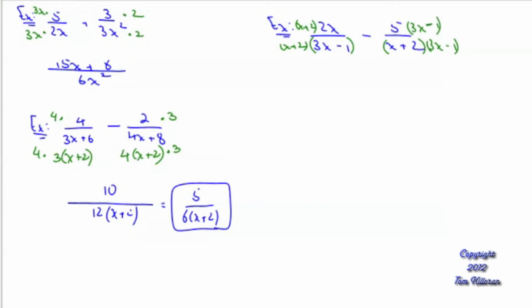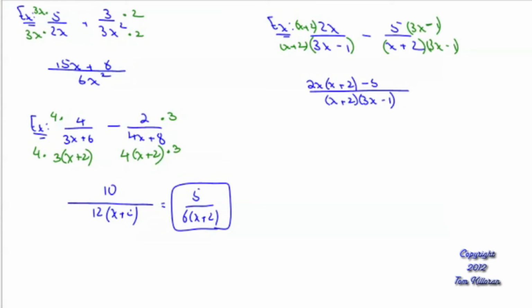Okay. Now I have a common denominator, which is 3x minus 1 and x plus 2. I don't care what order you write them in, as long as you have both of the factors down there. Commutative property is a beautiful thing. What's left up top, I highly suggest you do this step first.